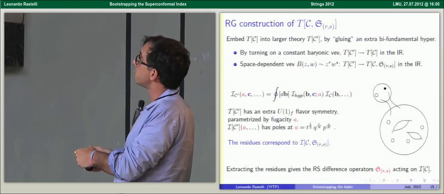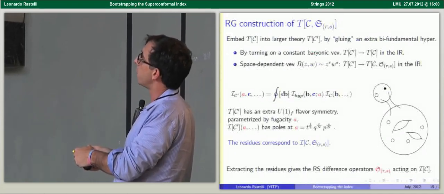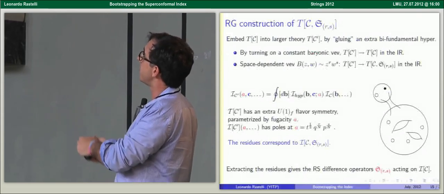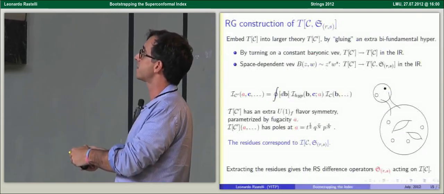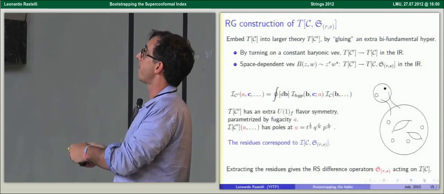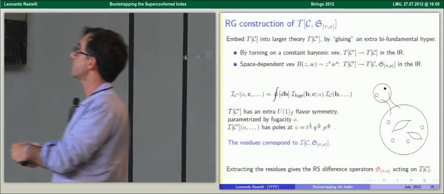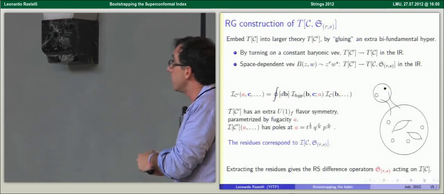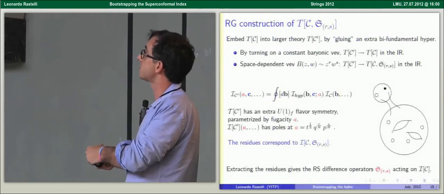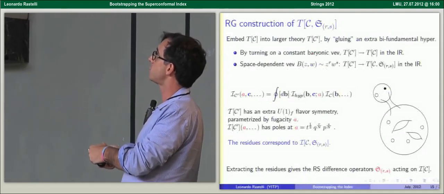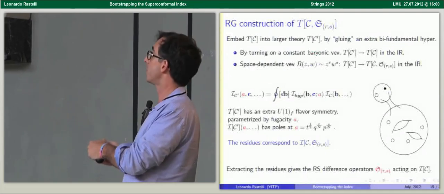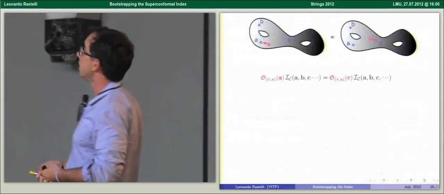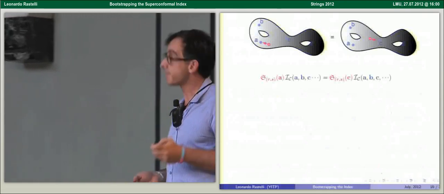But if I now tune myself to this more interesting pole where r and s are integers, the claim is that extracting the residue, I find the index of the original theory, but decorated with this extra surface defect. And then it's a calculation to show that this extraction of the residues amounts to acting with the difference operator on the original index. But now here comes the fun.